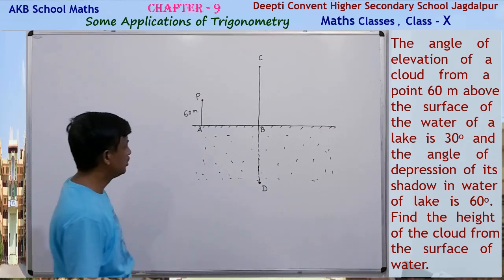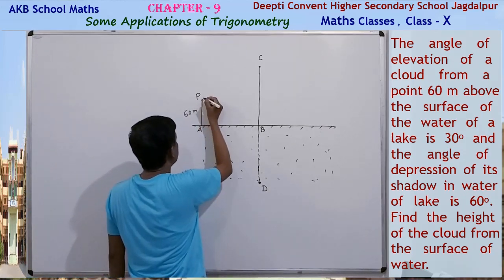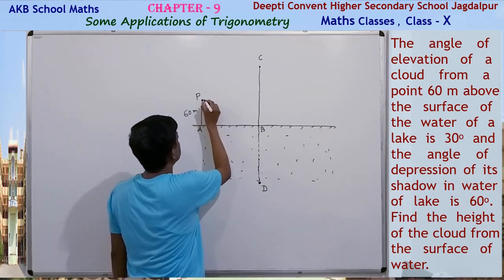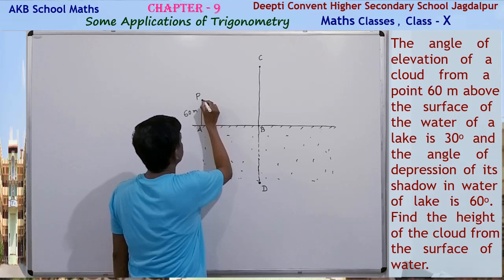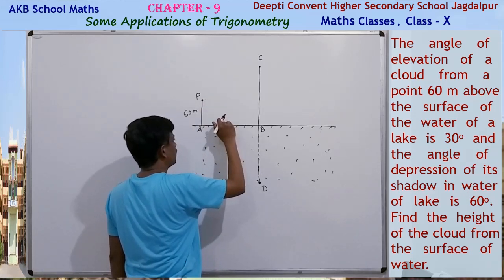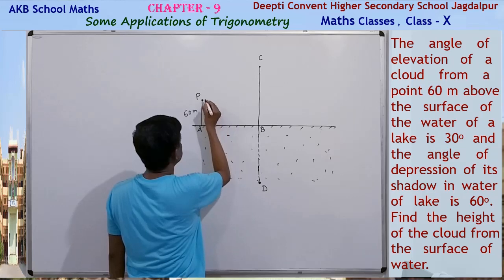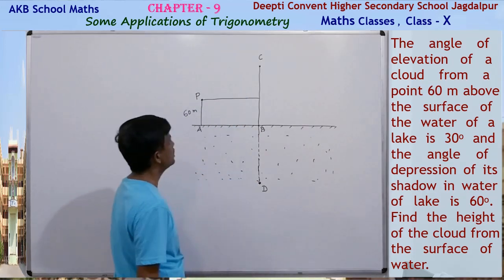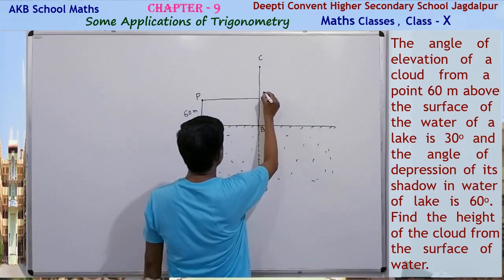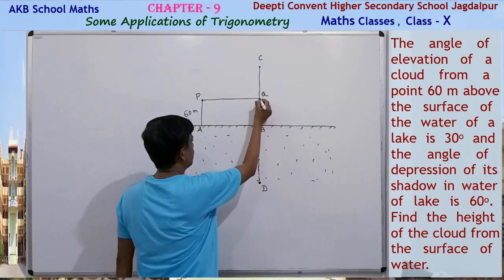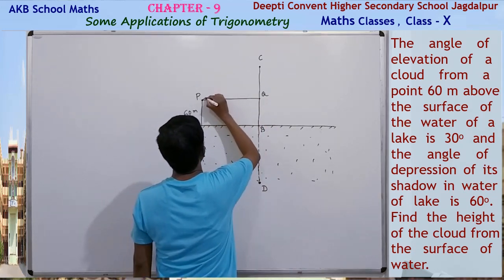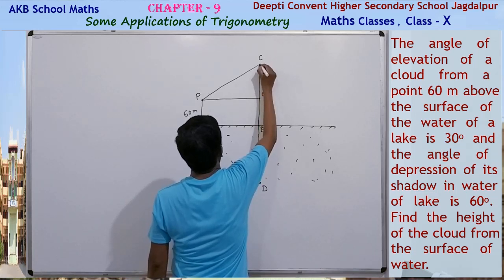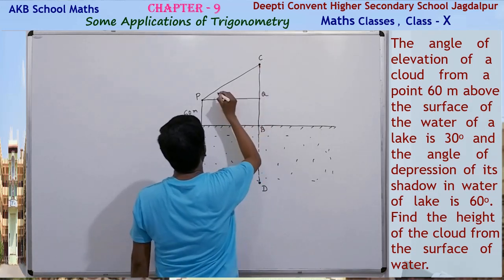So for drawing the diagram, we have to draw a horizontal line through the observing point P. So draw a perpendicular from here, because this is water level. So a parallel line to this, that is, draw a perpendicular on CD. Suppose this is Q. Now this is 30 degree.